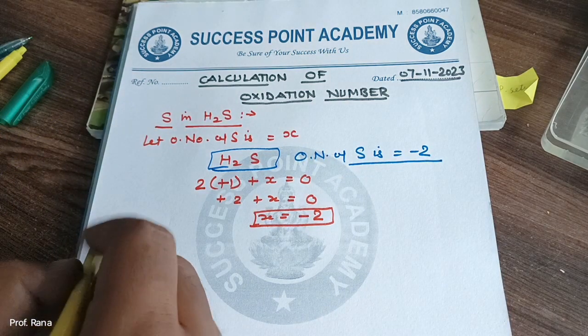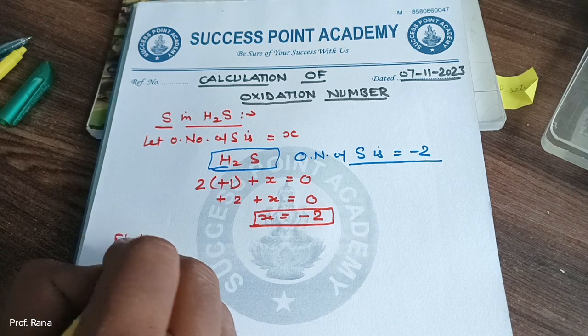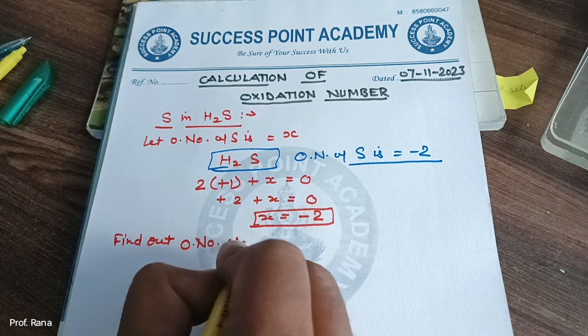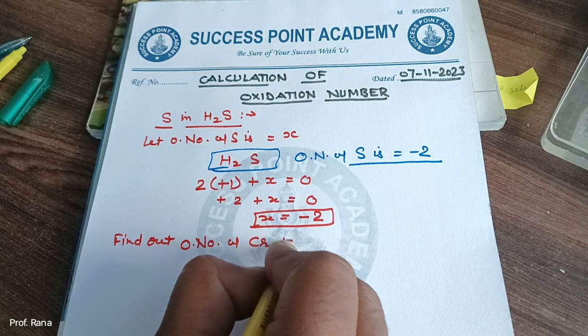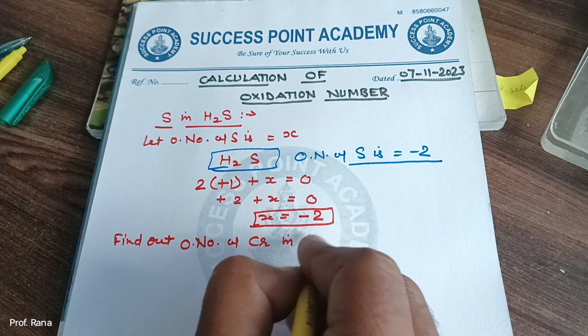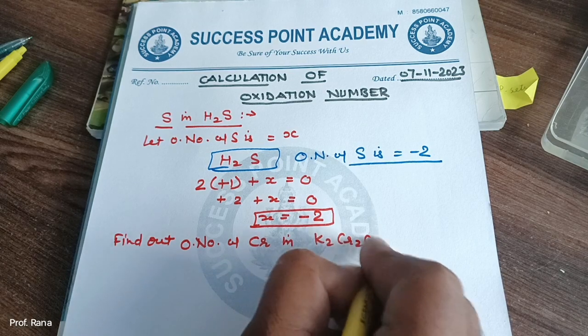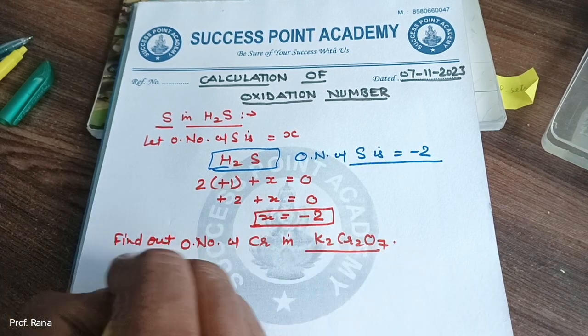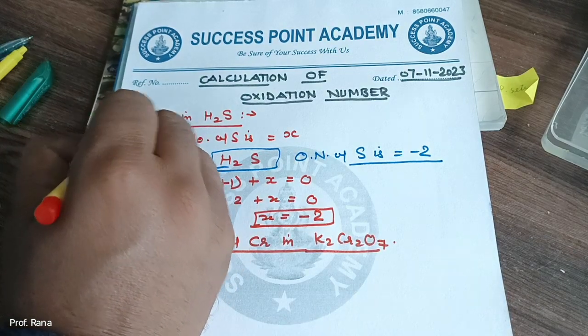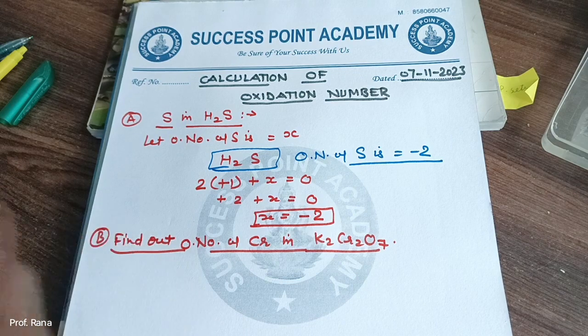Now find out oxidation number of chromium, Cr, in K2Cr2O7, that is your potassium dichromate. This is your another example.